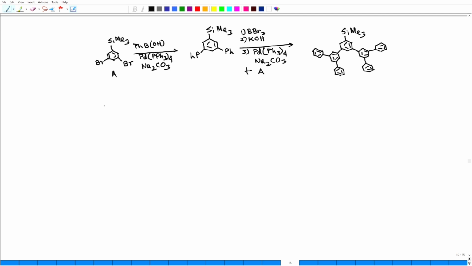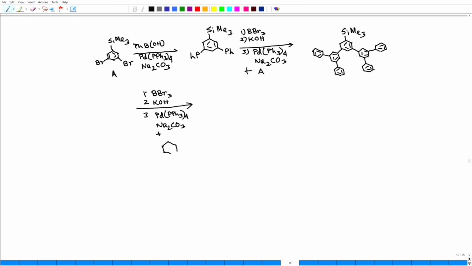Then I tried BBr3, KOH, one, two, and then 3 is palladium 0 catalyst, PPh3, triphenyl phosphine, and then sodium carbonate, okay, plus we add this tribromo compound.